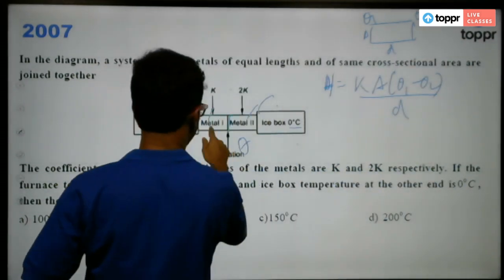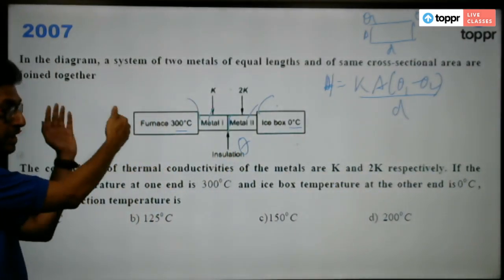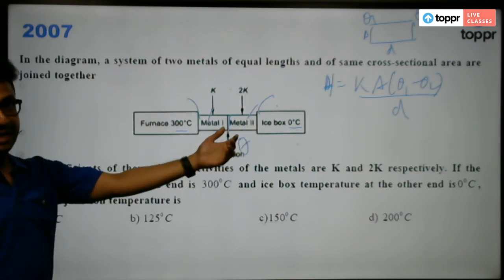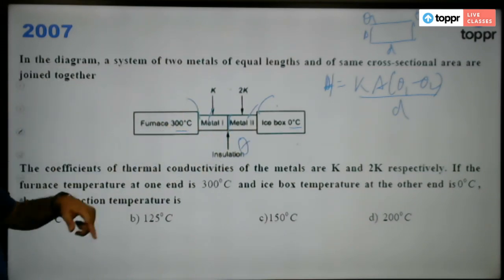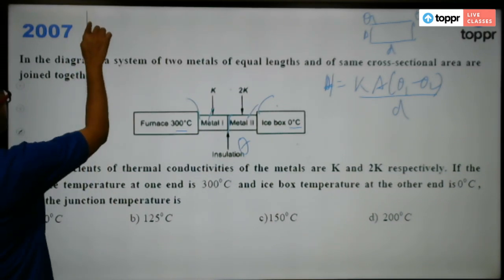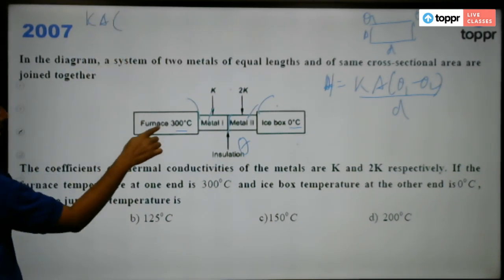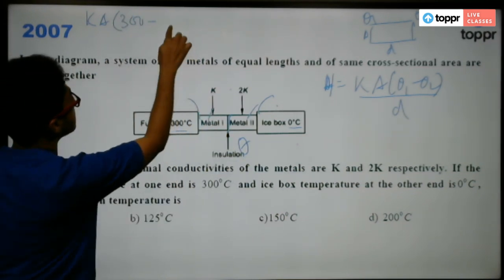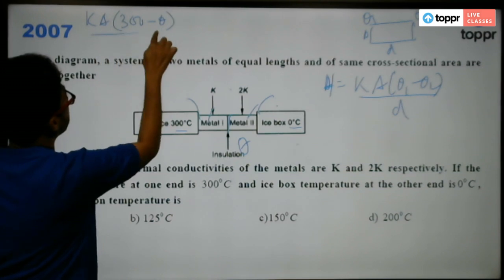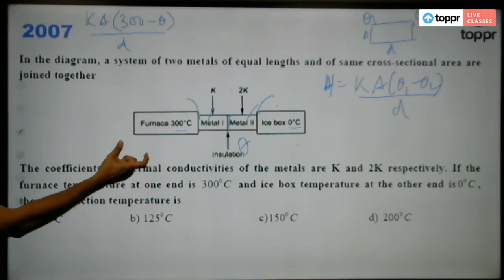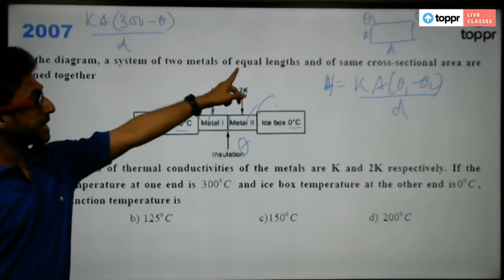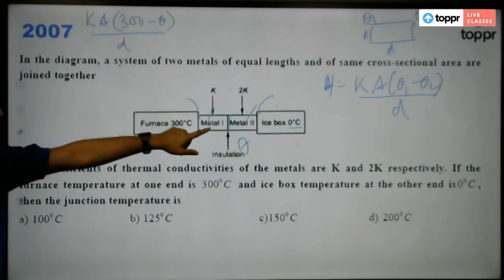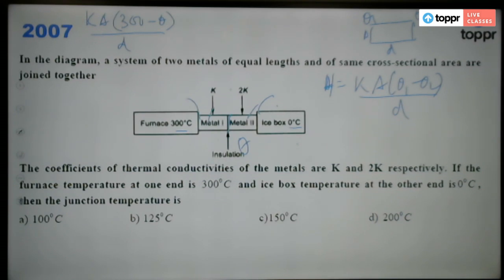So in a steady state, the heat flow through the metals is the same. So heat flow through the first metal is K A, 300 minus theta, divided by length D, where theta is the junction temperature. It is said equal length and equal cross-section area, so A and D will be the same, but in this metal the conductivity is 2K.